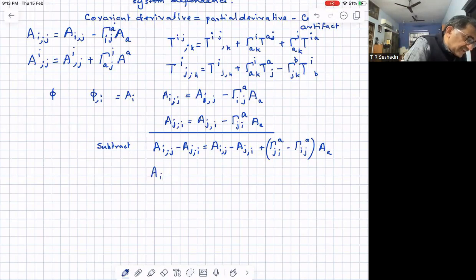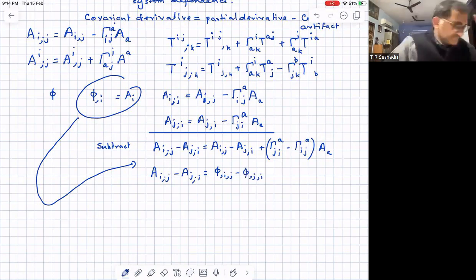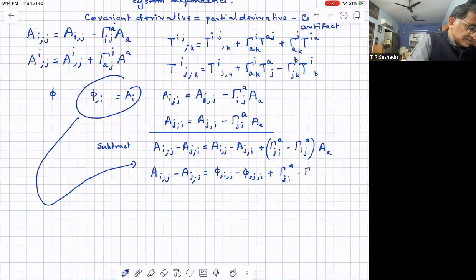Now what is this? This is A_{i;j} − A_{j;i}, and I now use this definition here. This is equal to φ_{,ij} − φ_{,ji} plus γ A_{ji} − γ A_{ij}.